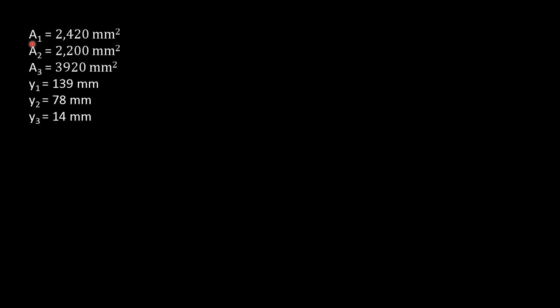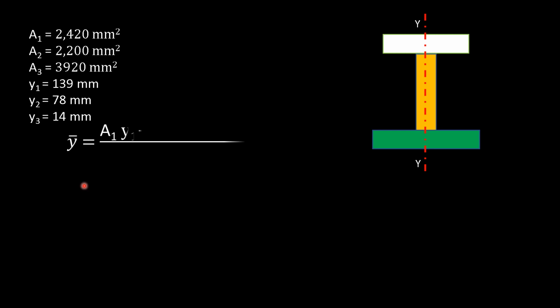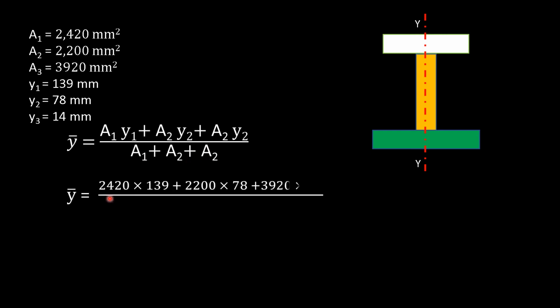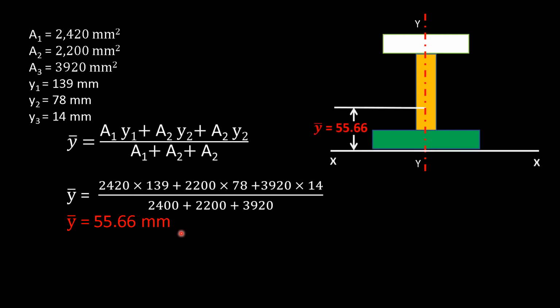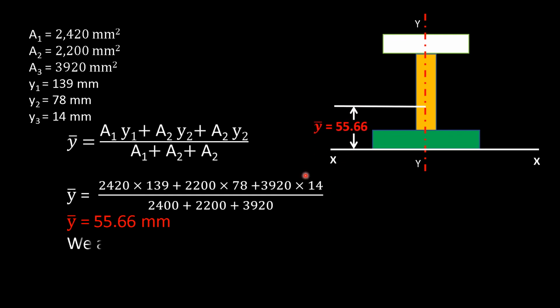The values of A1, A2, A3, Y1, Y2, Y3 have been provided here. We have y bar equals A1 Y1 plus A2 Y2 plus A3 Y3 divided by A1 plus A2 plus A3. After substituting the values and evaluating, we get y bar equals 55.66 millimeters, which we show here.